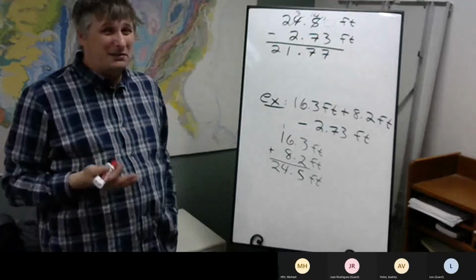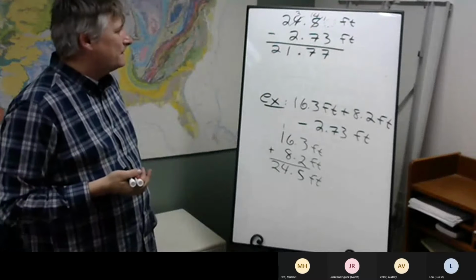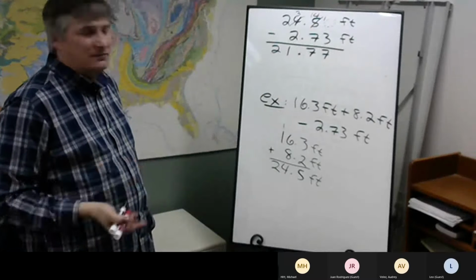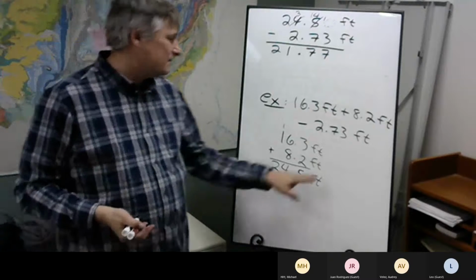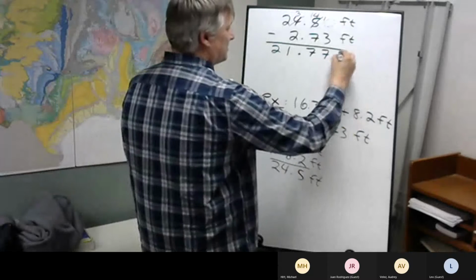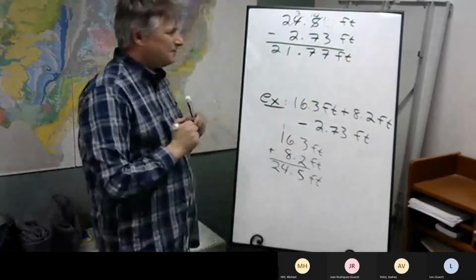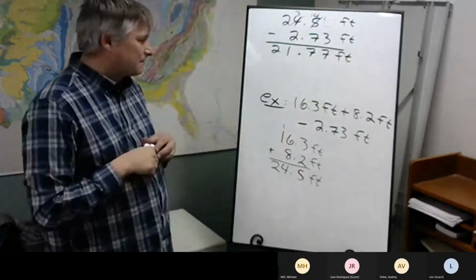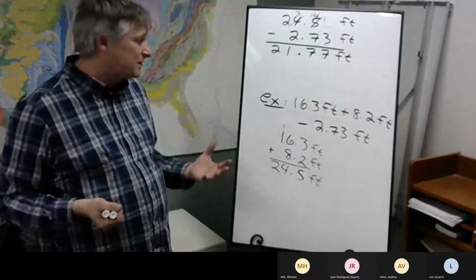Now we've got 4 digits here, but we've got to figure out how many significant digits the answer should have. You notice our precision. So for adding and subtracting, we use precision.